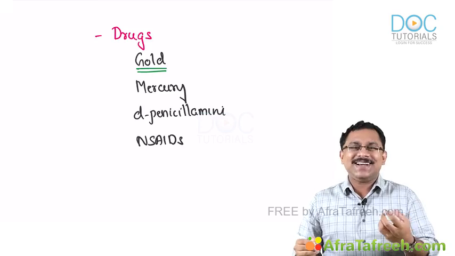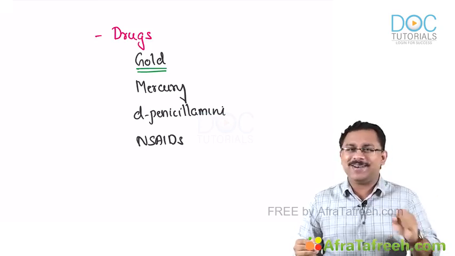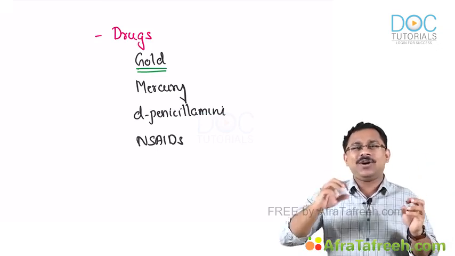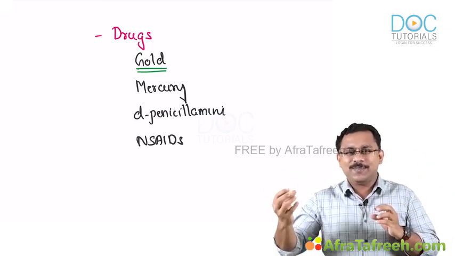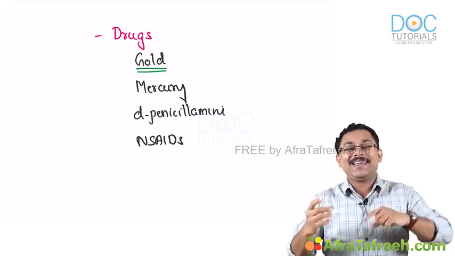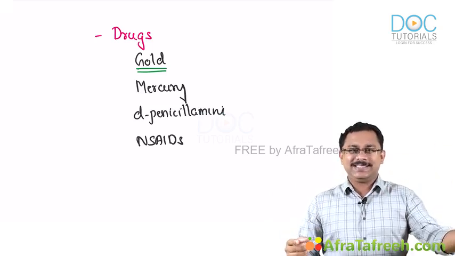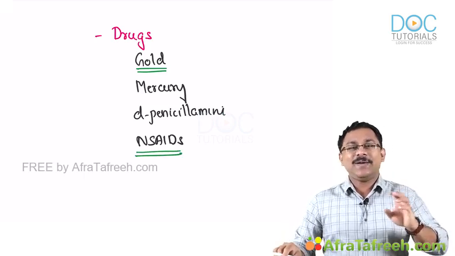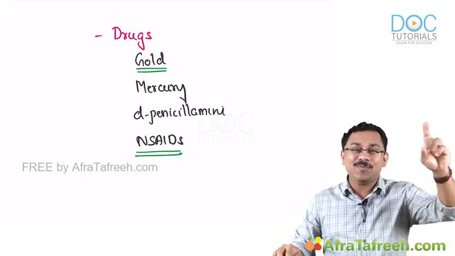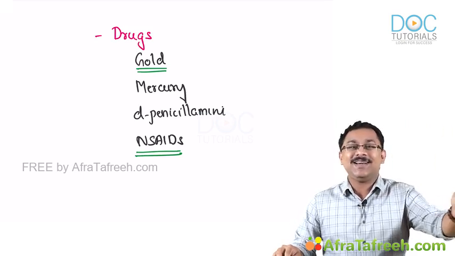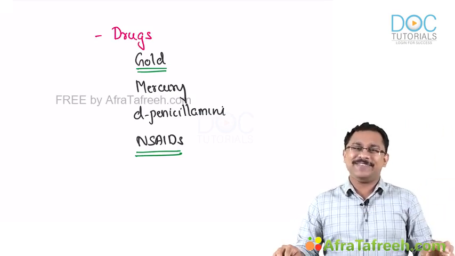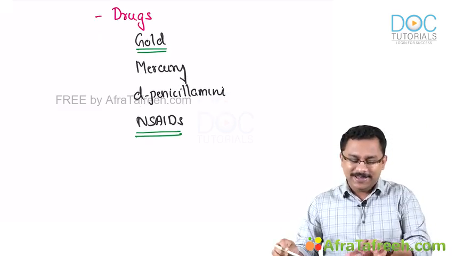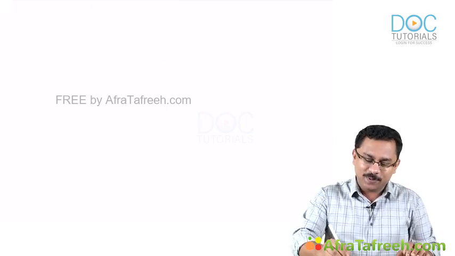Remember, when we discussed regarding minimal change disease also, I had mentioned about gold. But at that time itself, I told you that gold predominantly produces a membranous nephropathy, but it can also produce a minimal change disease. And when it comes to NSAIDs, remember NSAIDs can predominantly cause minimal change disease, but can also cause membranous nephropathy. So you have got to keep that point in mind. Okay, all right. So drugs causing membranous nephropathy.